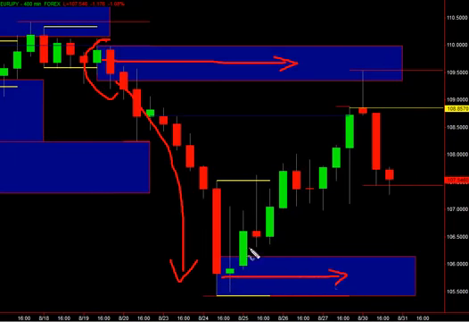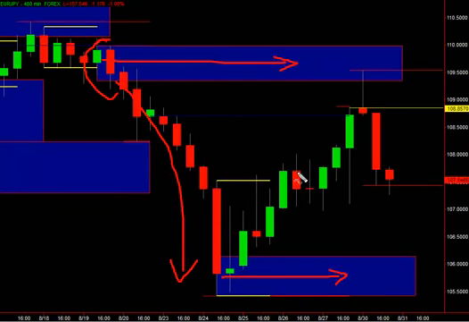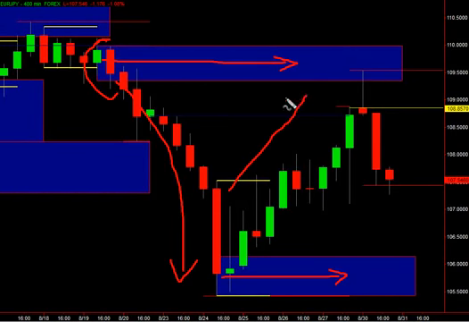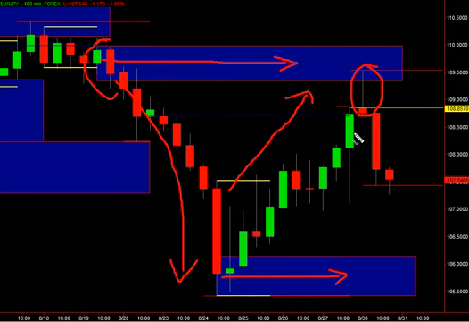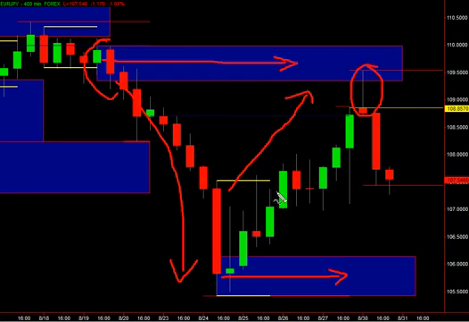Now we've actually got a nice movement upwards into that previous location, and what we see here is, in this case, a nice reaction off a previously established location of interest, a previous location where the balance of power changed quite dramatically.